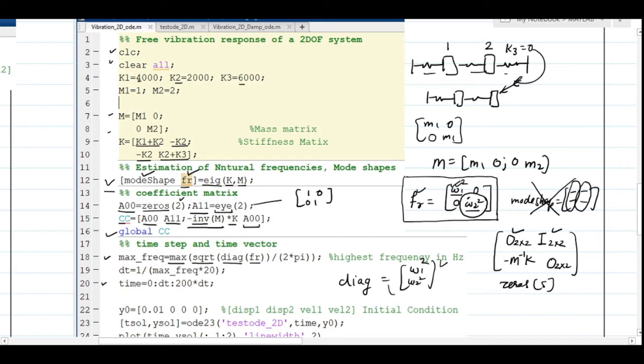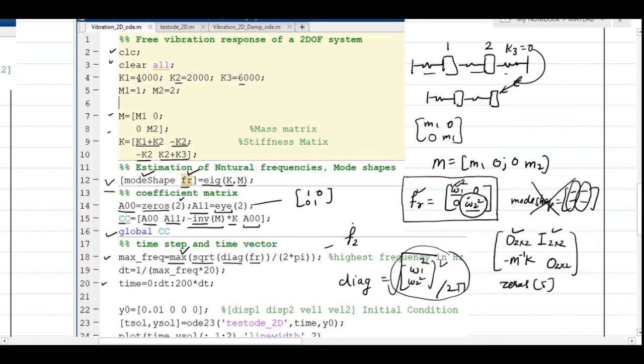Then I am taking the square root of this and multiplying it by 2 pi. Then I am using the max command, so max is going to take the maximum value out of these two values. So ultimately line 18 is going to give me the value of the highest natural frequency in the given system.